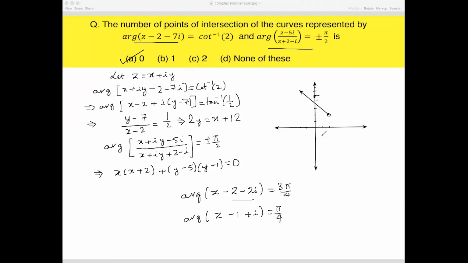So it's from here and it's going to go in this direction here. Just filling up the hole here, you can find that there are no points of intersection. So if you had not been careful, you could have made this intersect with this and got 1 point of intersection, but that would have been a wrong answer. It does not intersect because it starts from there. Got it? Okay.